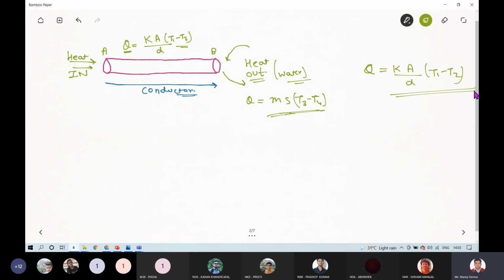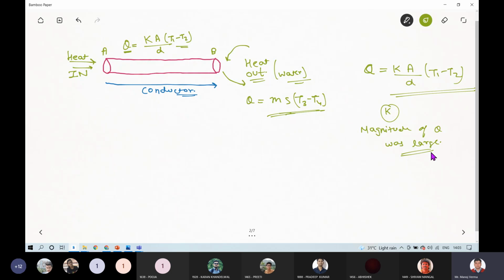Now, from the point of view of this K, if you can see, the magnitude of Q was large. The magnitude of Q was large because the value of K was large, because it was a good conductor.